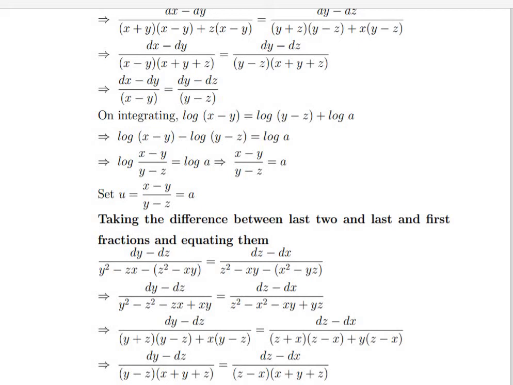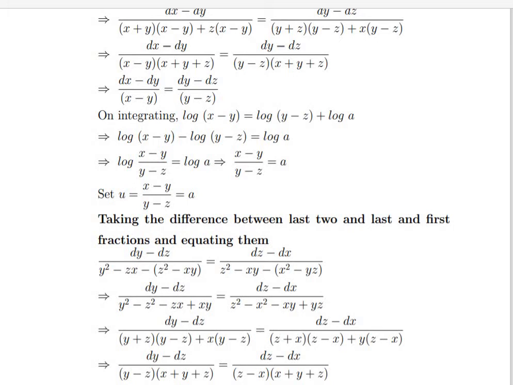So this x plus y plus z will get cancelled from the denominator, and the equation will get simplified as dx minus dy by x minus y equal to dy minus dz by y minus z. Now on integrating, we get log of x minus y equal to log of y minus z plus log a.